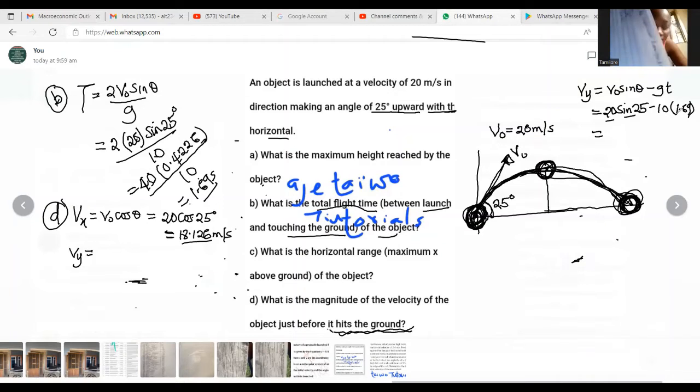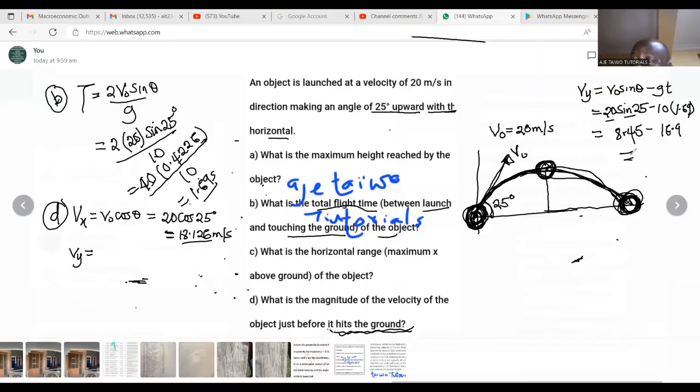20 sine 25 is 8.45. 8.45 minus what's 10 times 1.69? That's 16.9.